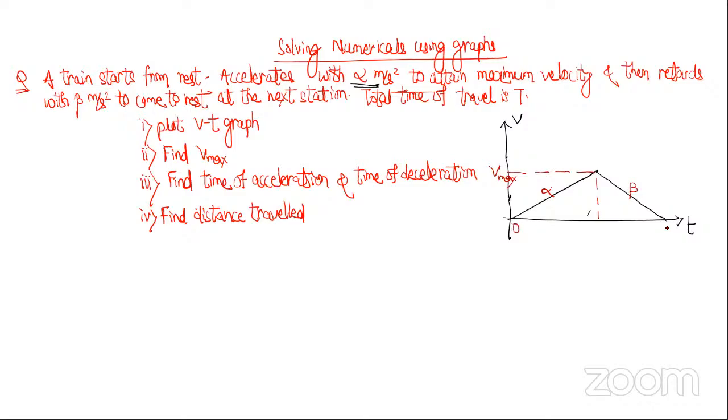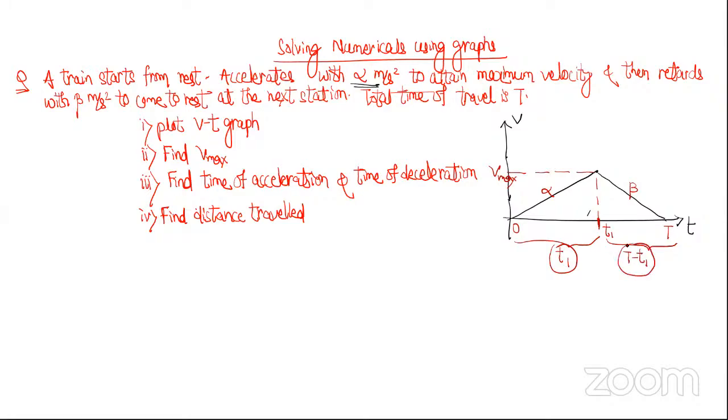This is time 0. This is time t. Acha. This is the time of acceleration. Let's call it t1. And this is the time of deceleration. So of course this becomes t minus t1. This is 0 second, t1 second, t second. So this first time interval is t1, second time interval is t minus t1.